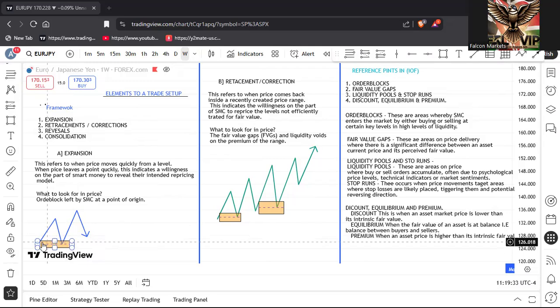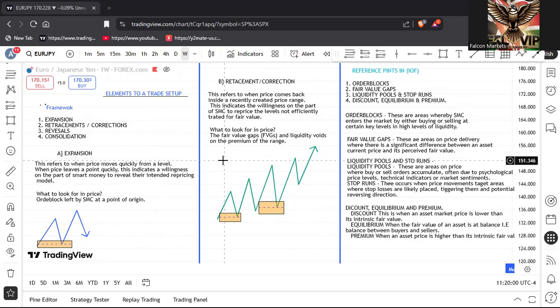For example, let's call these point A, point B, point C, and point D. From point A to B, that is our expansion. At point A, we look for an order block left by the smart money that is yet to be repriced, and that is where we mark and wait for the market to revisit that area so that we can have our entries.